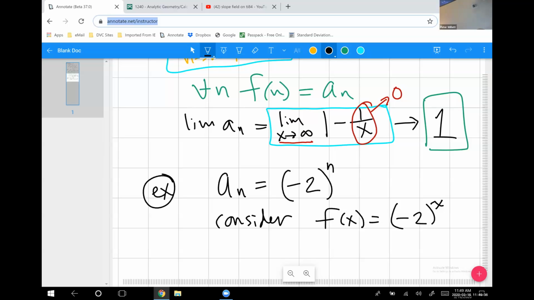So for example, this is over the real numbers. I'm not talking about complex numbers. f of 1/2 would be -2 to the 1/2, which is undefined. And that's true with any decimal, non-whole number input for the x value; it's going to make this function immediately undefined.